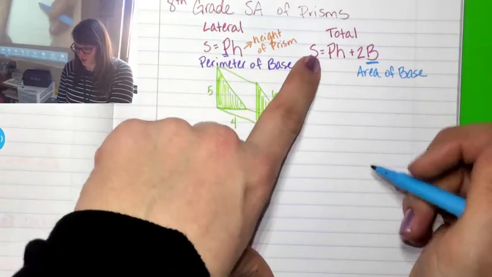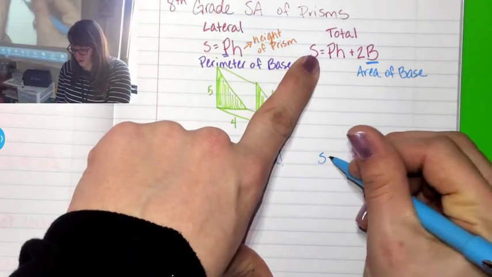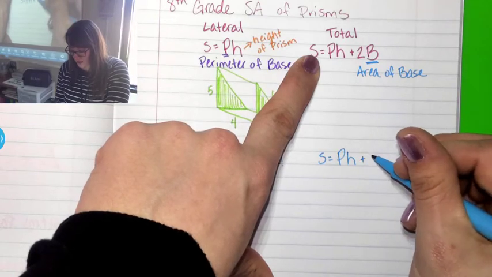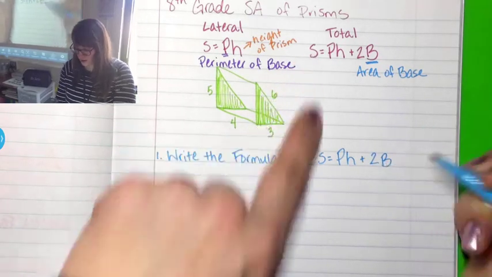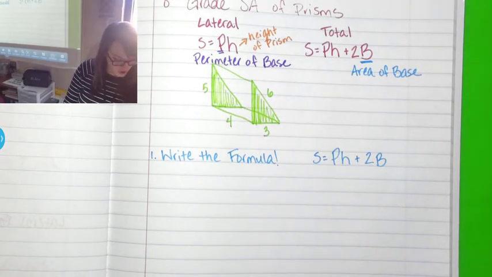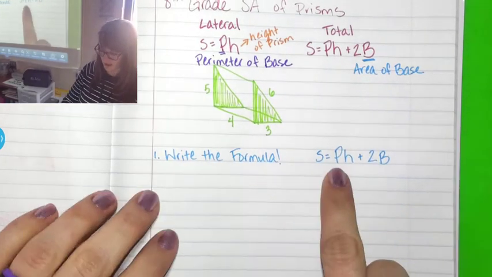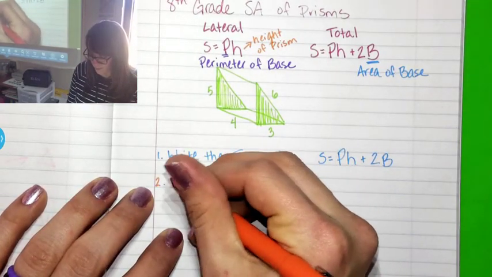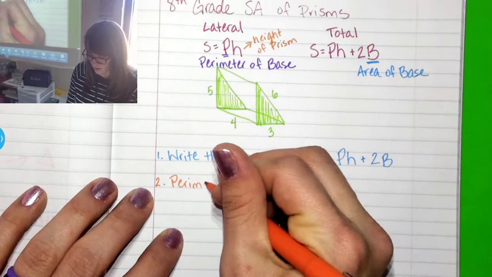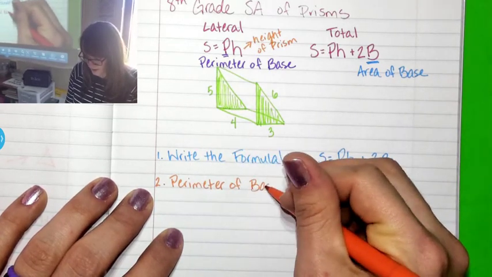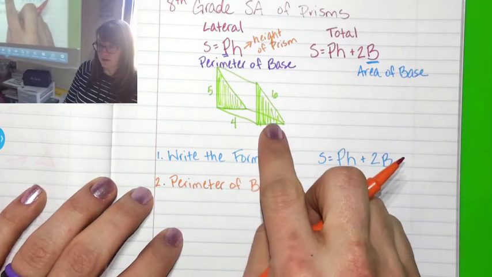So I'm going to do S equals capital PH plus 2B. Step 2, find the perimeter of base. We're going to just work it left to right. And we shaded the bases.